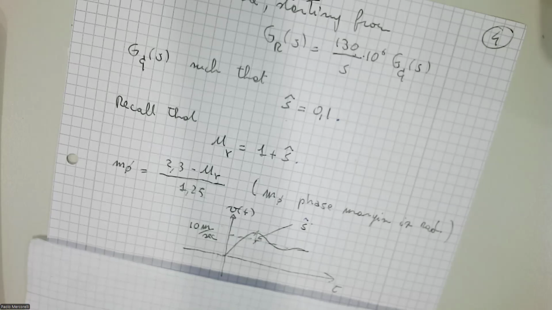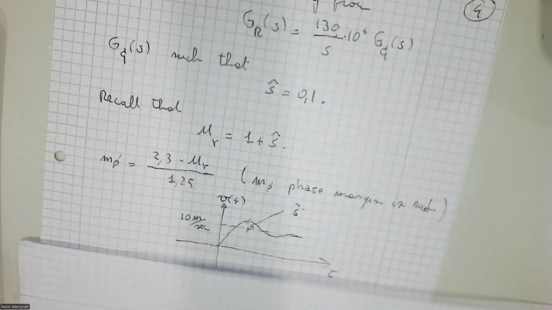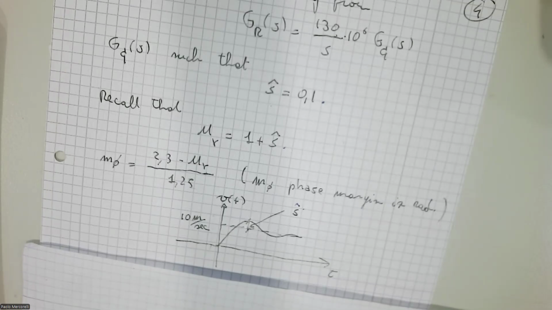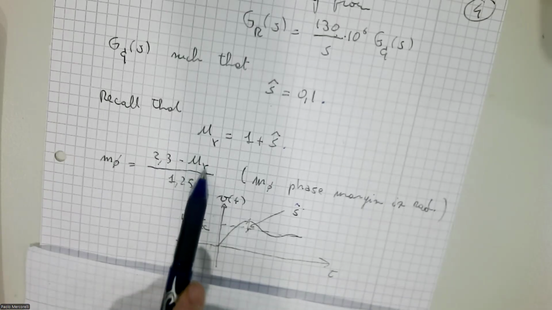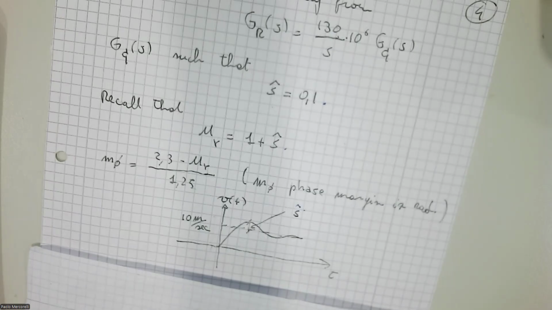They are approximating equations. In particular, this is extremely important, and I would like to emphasize it again. This equation here transfers the specification on the maximal overshoot to the closed loop system. This means the controlled system.